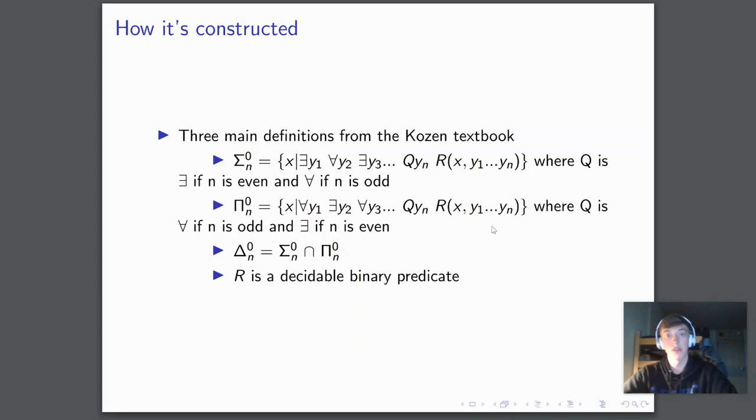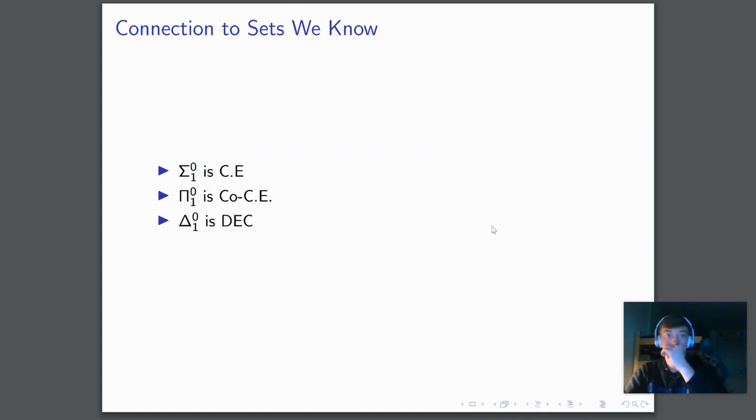So all of those variables that are defined, such as exists y1, for all y2, exists y3, all have to fit into this predicate, which needs to be decidable. That'll be easier to understand in a second.